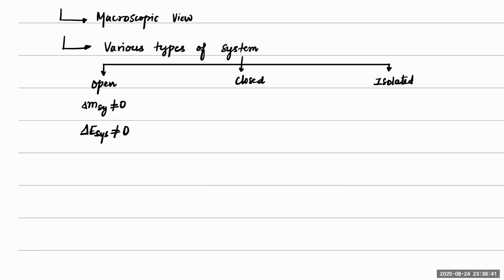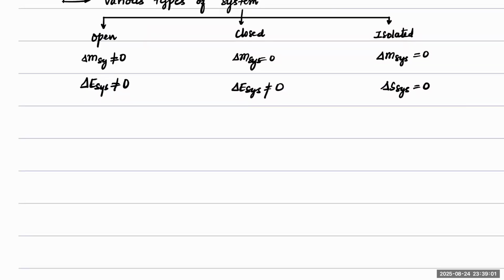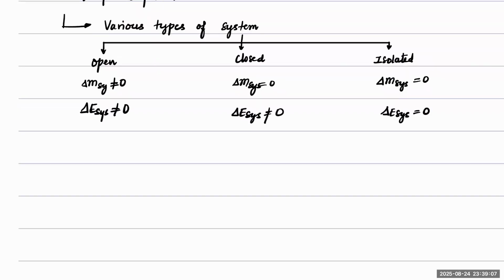When it comes to a closed system, there is no exchange of mass, but there is an exchange of energy. While isolated implies that there is no change in mass, and no change in energy. This is an isolated system.